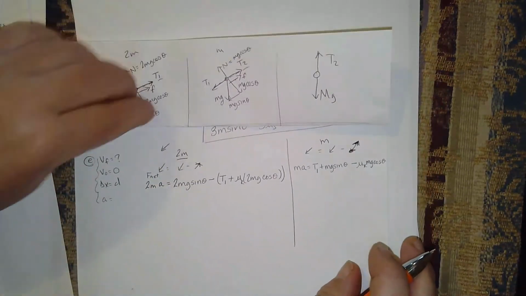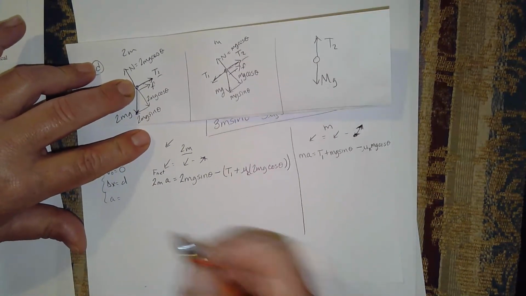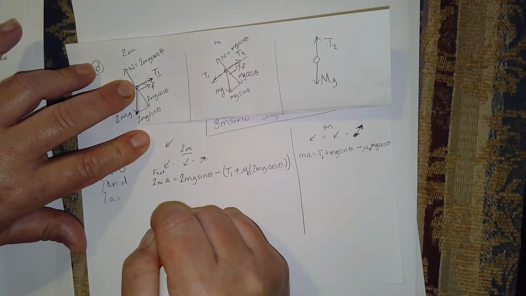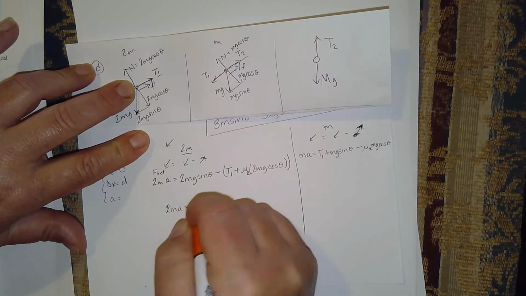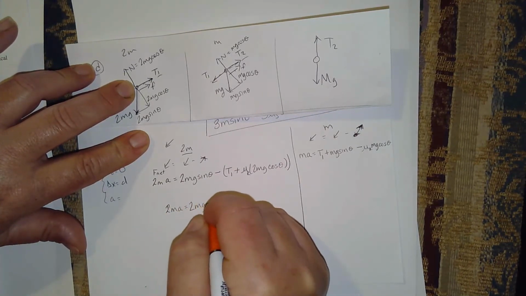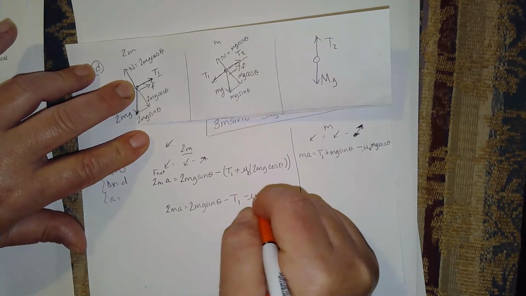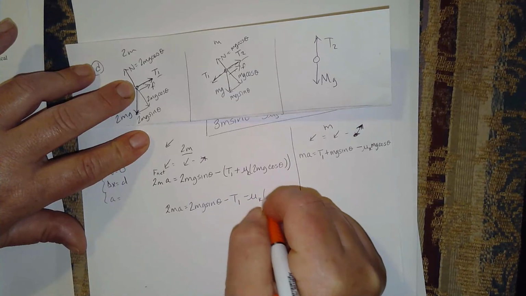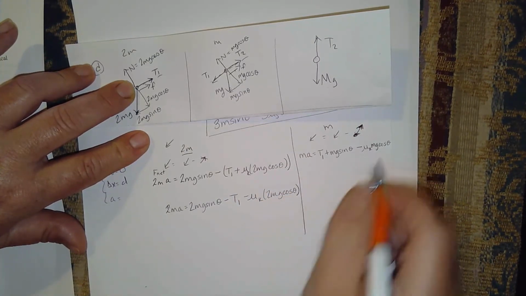So now I've got these two equations. Again, I love to eliminate and solve for things. So we're going to do 2ma is equal to 2mg sine theta, and I'm going to distribute this minus, so minus T1 minus mu k times 2mg cosine theta. And I'm going to write this equation underneath it.